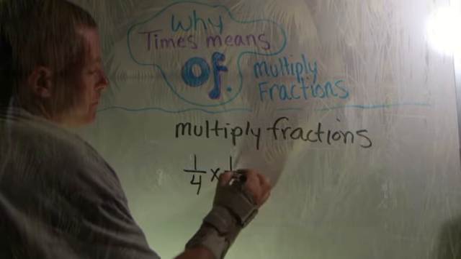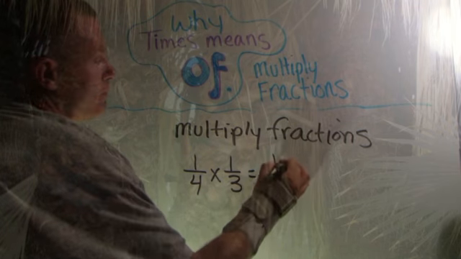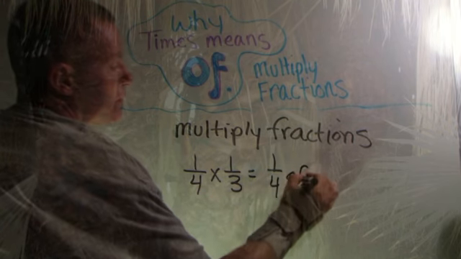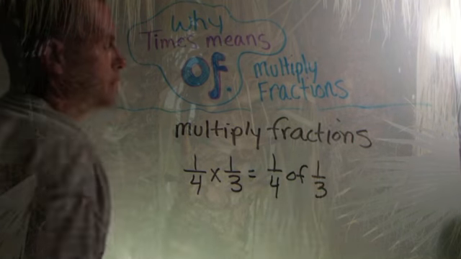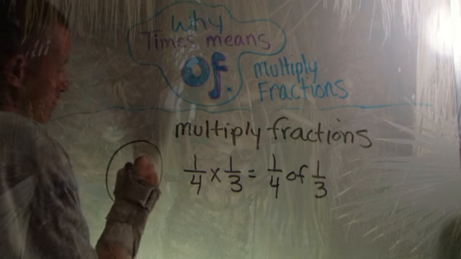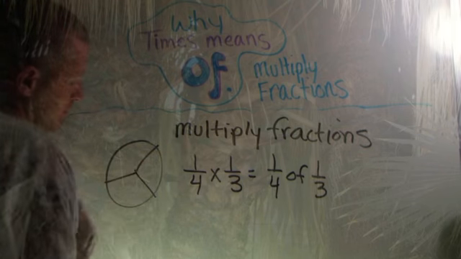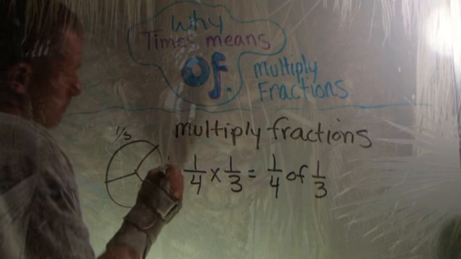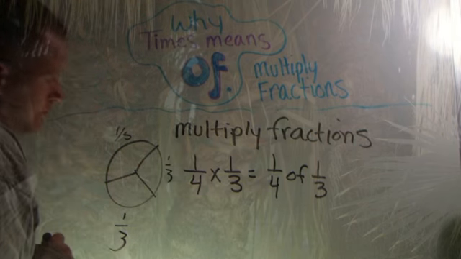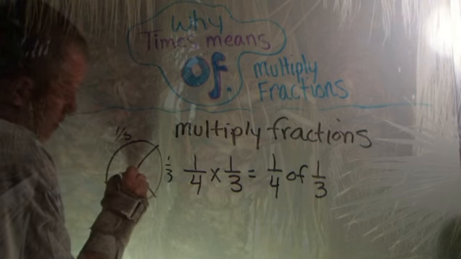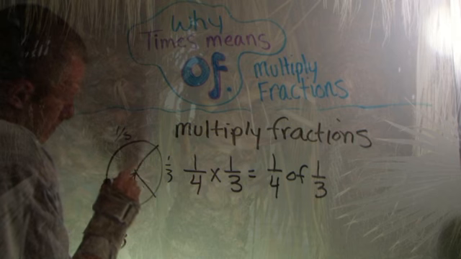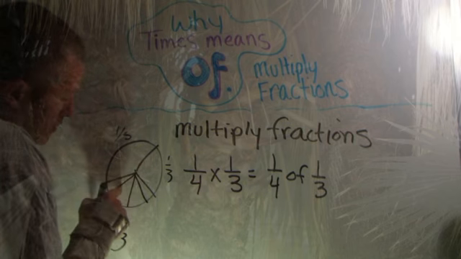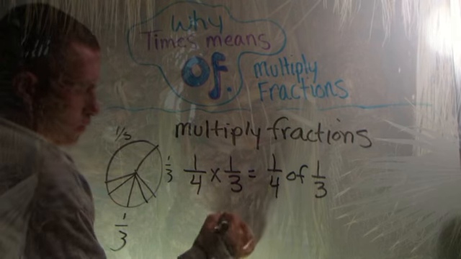We've got 1/4 times 1/3, or 1/4 of 1/3. And again, I'll diagram that for you. Break it into thirds. Cut one of those thirds into 4 pieces. And now just count.